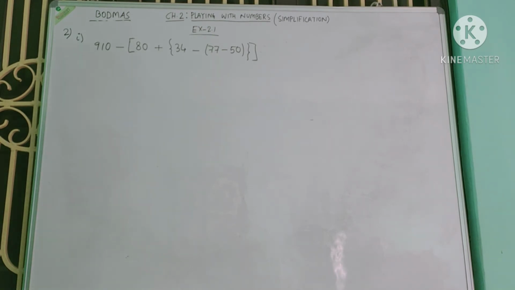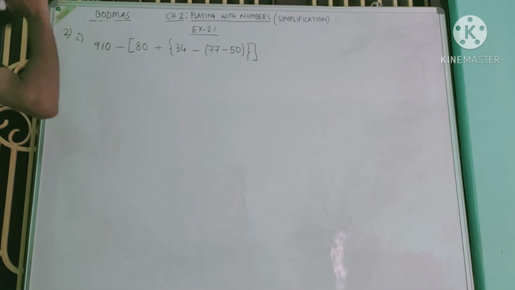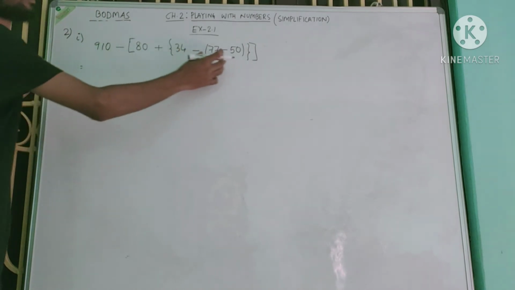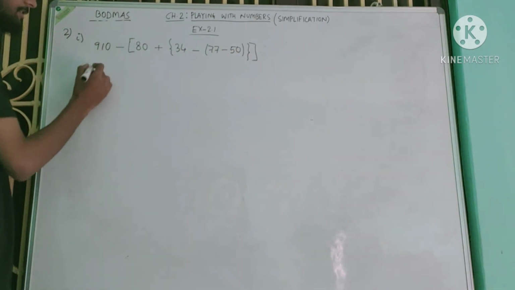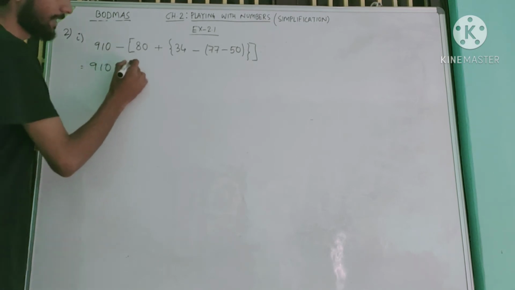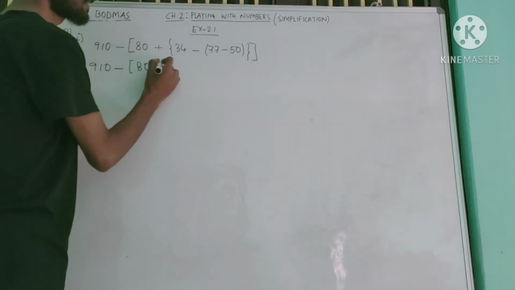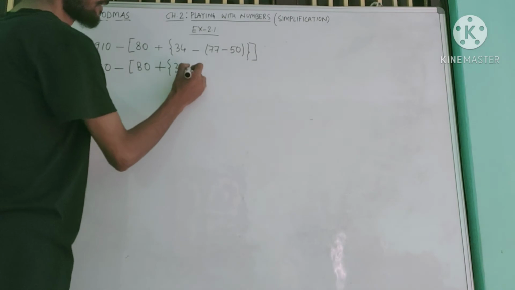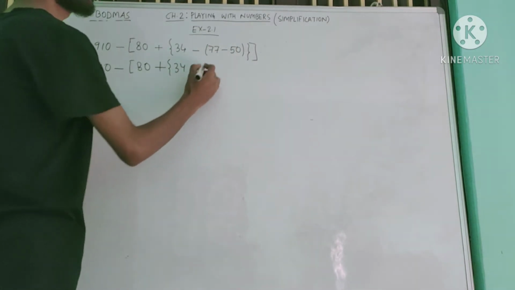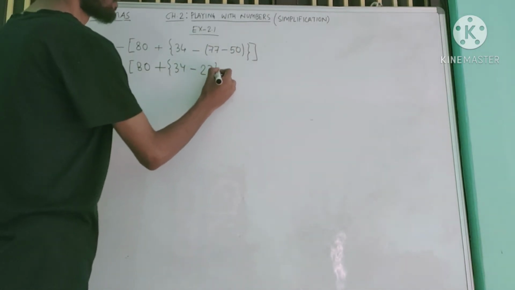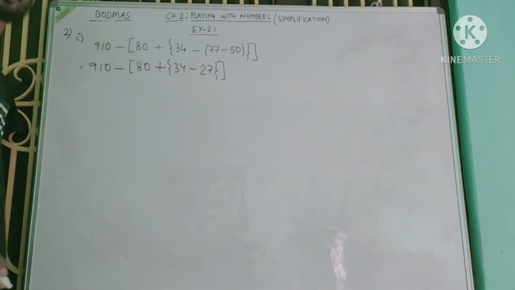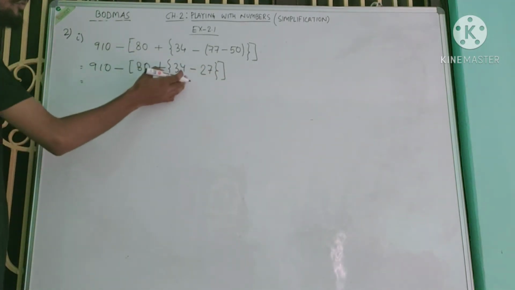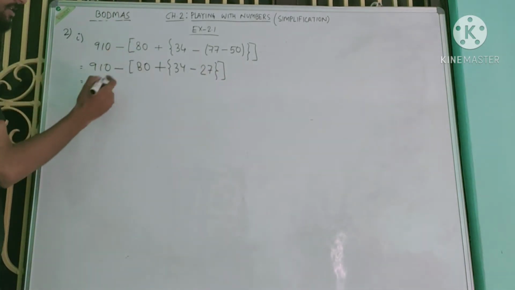Now we will do question number 2i. Look at the question. There are so many brackets, so we will solve from the first bracket. So 910 minus 80 plus 34 minus 77 minus 50 is 27. Then bracket close. Then we have to remove this second bracket.